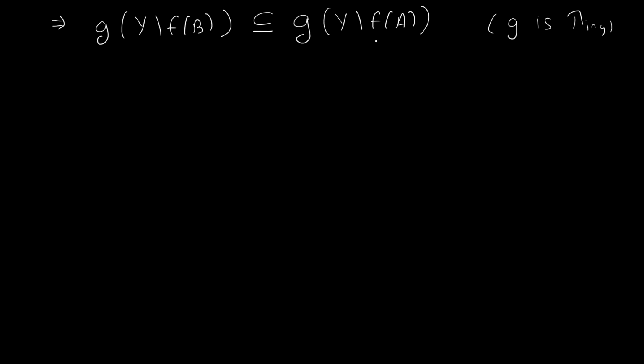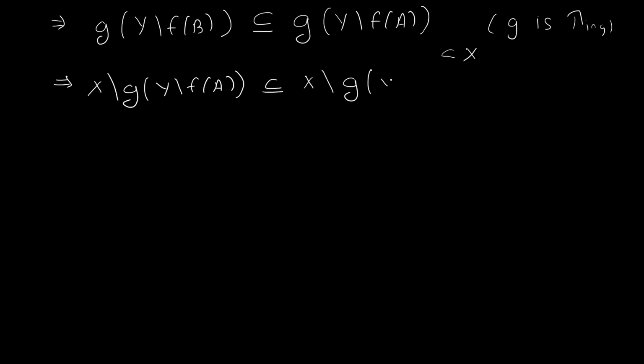Both of these lie in X, so their complements are X minus these sets. Again, by the same fact, if A is a subset of B, then B complement is a subset of A complement, I know that X minus g of (Y minus f of A) is a subset of X minus g of (Y minus f of B).